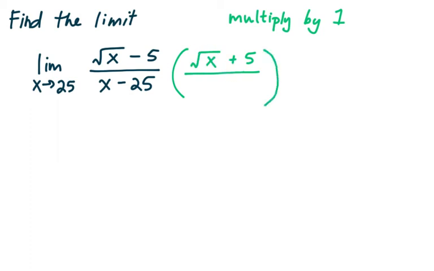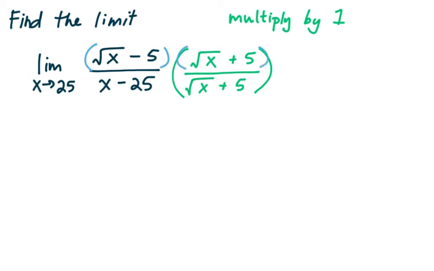We know there's some nice canceling when we multiply two conjugates. All right, now I'm not finished writing what I need to write here because we're not allowed to just multiply by some random number. However, we are allowed to multiply by 1. So I'm going to put that square root of x plus 5 over itself. And now I can FOIL the numerator as well as the denominator.